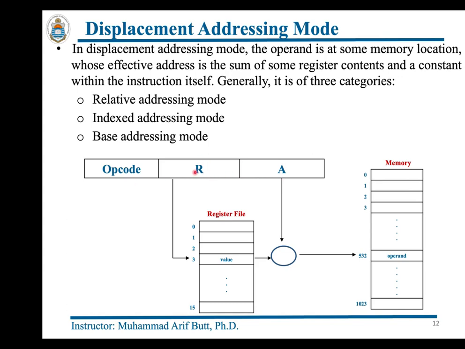It contains the register code, and the register value is added with some immediate value residing over here, and the resultant value is actually the effective address. So there are three categories of displacement addressing mode: relative addressing mode, indexed addressing mode, and base addressing mode. Let's see them one by one.